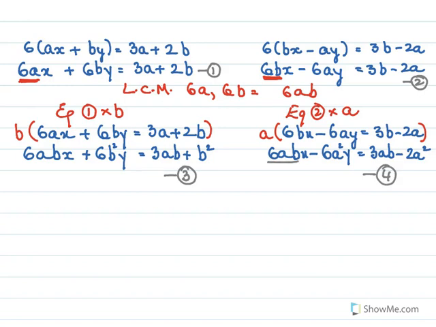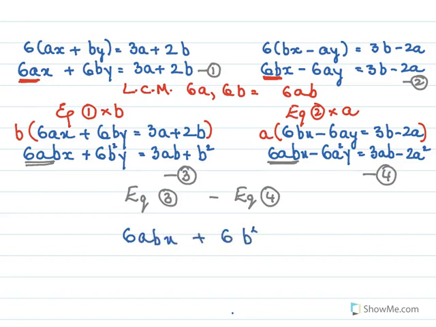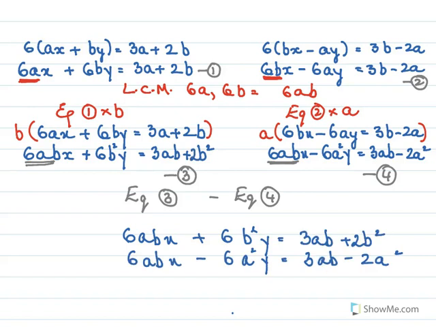Now look up at the coefficient of x. 6ab, 6ab. These are ready for subtraction. So equation 3 minus equation 4. So let me write out the equations now. So I have 6abx plus 6b square y. So this was my equation 3, and here was equation 4.